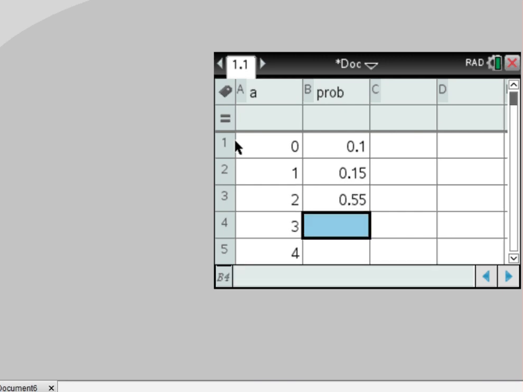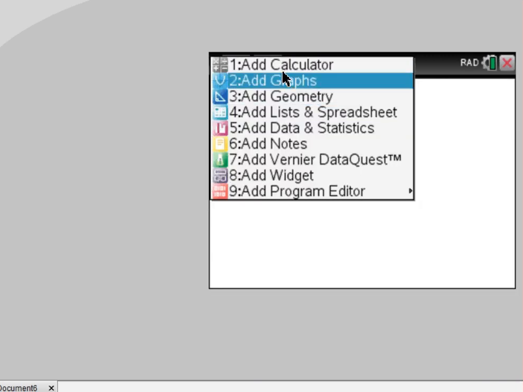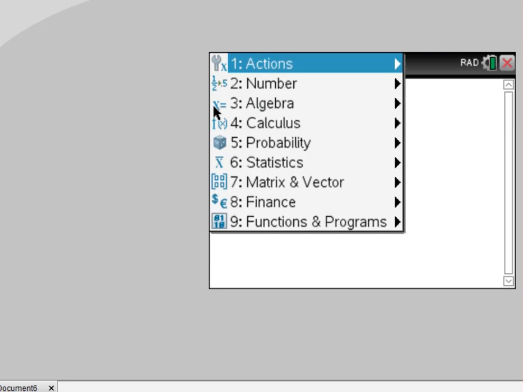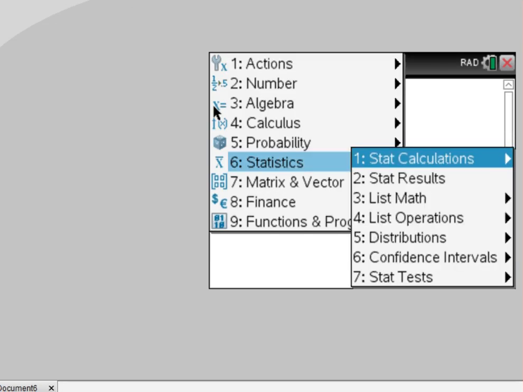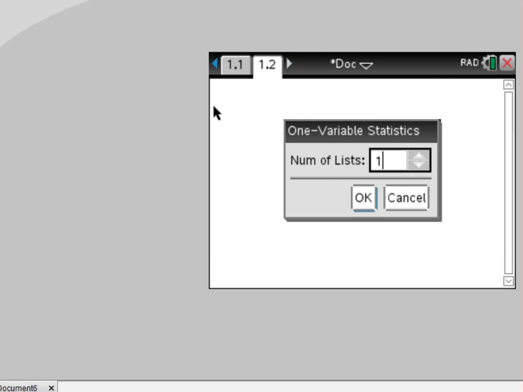All right, so once I have that, I'm going to go to my calculator screen, so add a page and add a calculator, and then do menu, statistics, and then I would like to just run a stat calculation, a 1 variable statistic. I have 1 list. Now my X list here I labeled as A, and then my frequency list I labeled as probability.